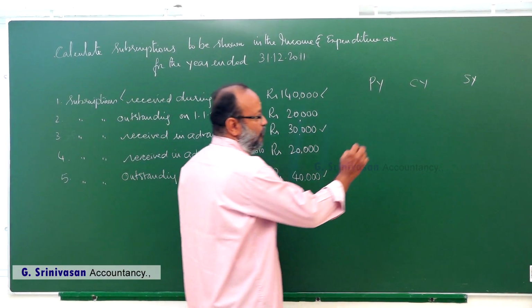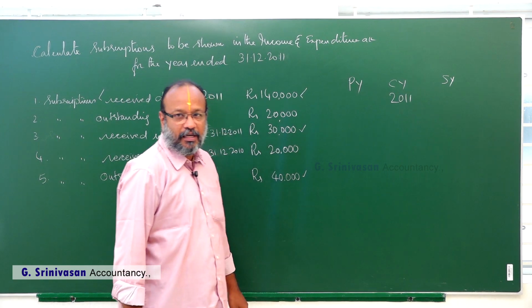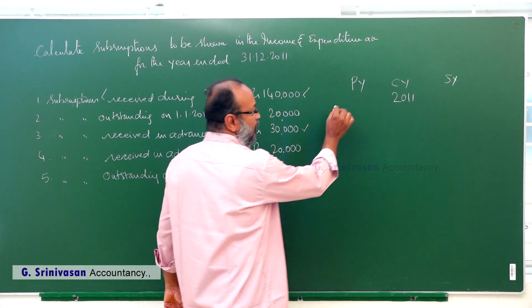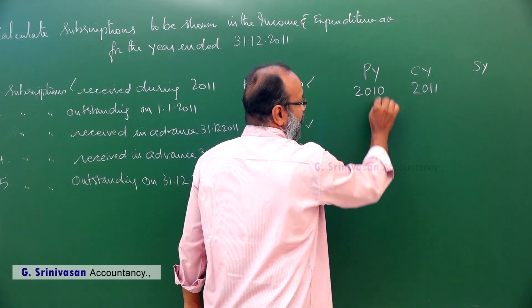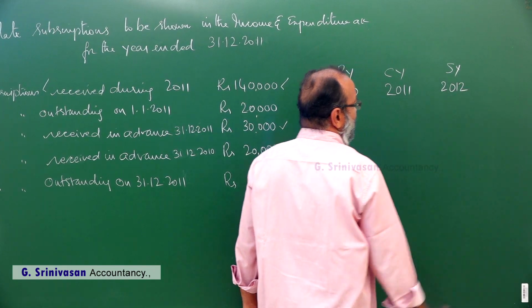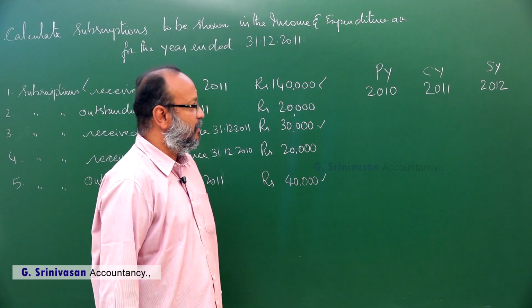That is, we know we are preparing it for 2011. So 2011 is the current year. Naturally, previous year will be 2010, and the subsequent year, next year, is 2012. It's a very child's play, isn't it?